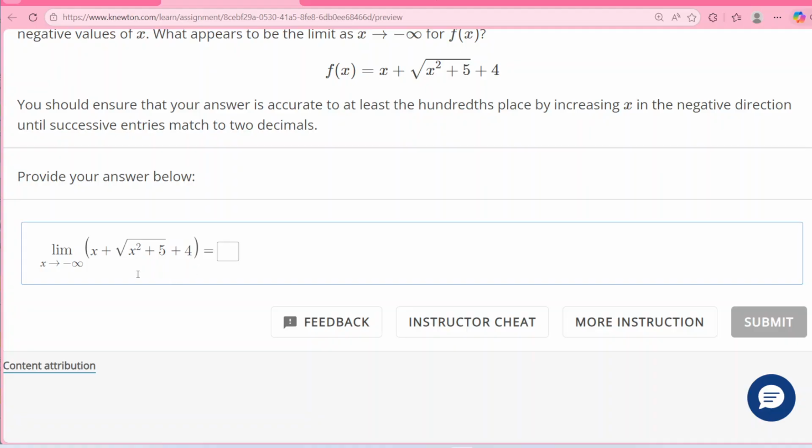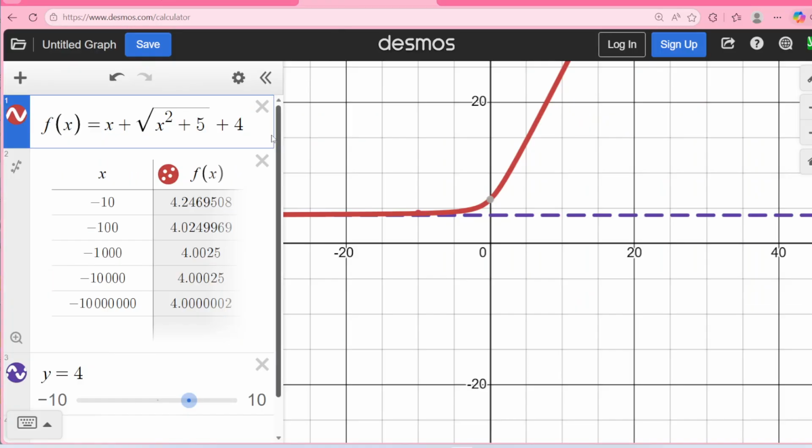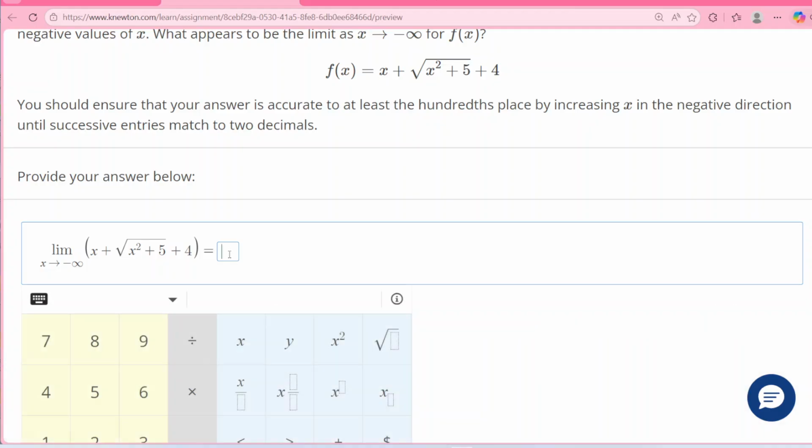It says based on what you see, go to 2 decimal places. Plug in large enough values so they match the 2 decimal places. And you saw that in the table, after I plug in larger and larger values, these start matching the 2 decimal places, 4.00, 4.00, 4.00. So it looks like the limit is 4.00, which I'm just going to write as 4.